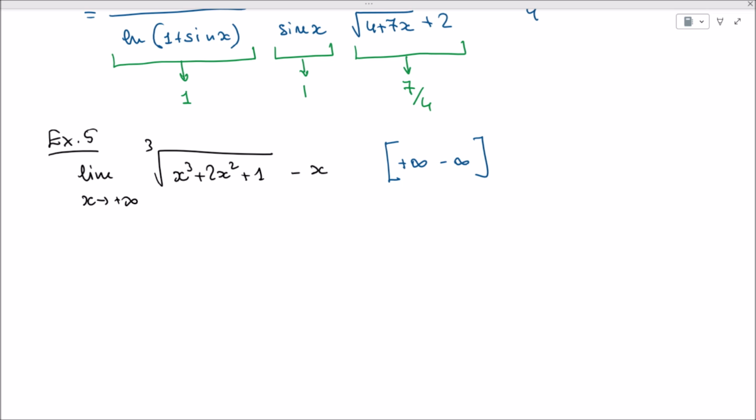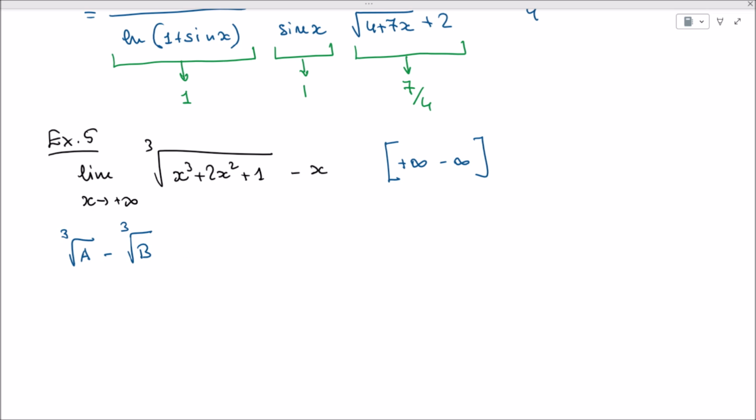And because we have a root, we may think to get rid of the root, but now we have a cube root. So we can use another type of rationalization, which is the following. Cube root of a minus cube root of b.